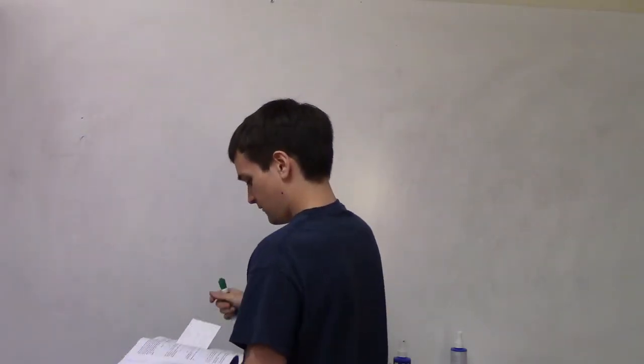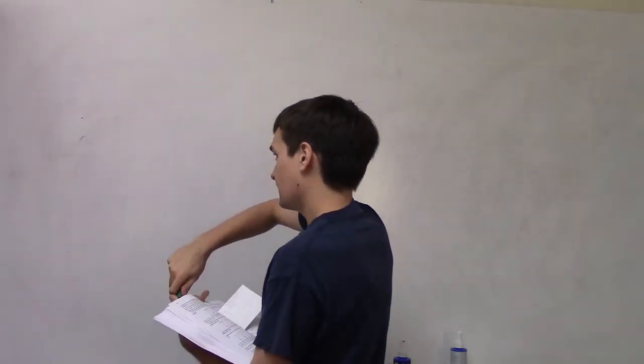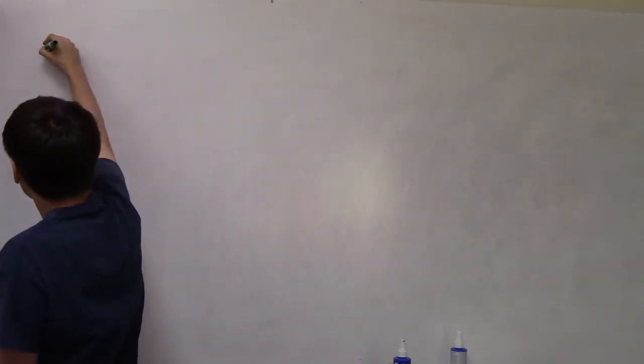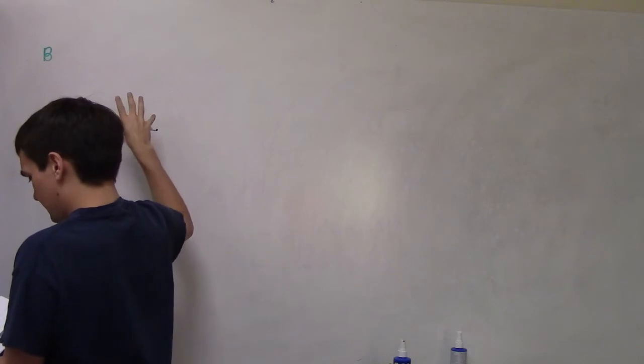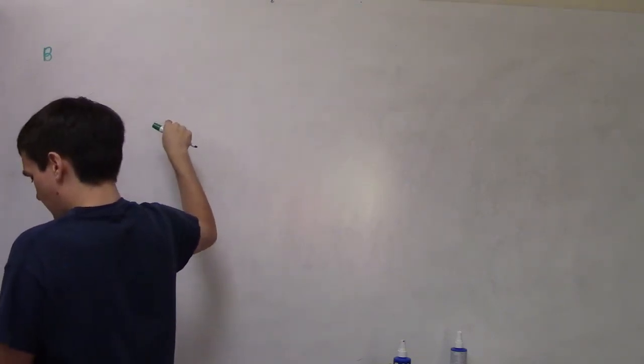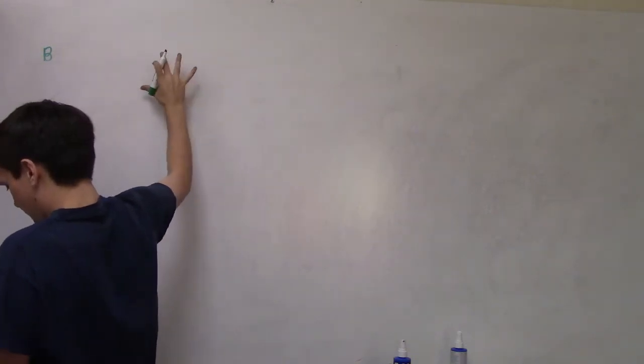Alright, so I'm going to do an alternate setup here because I liked the labels they use on Wikipedia better. This is the first four parts of it.